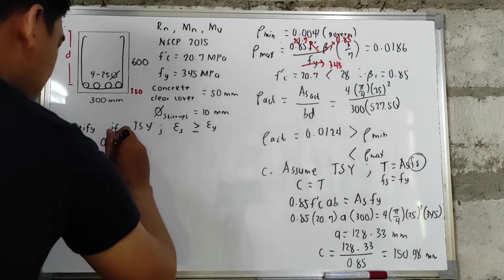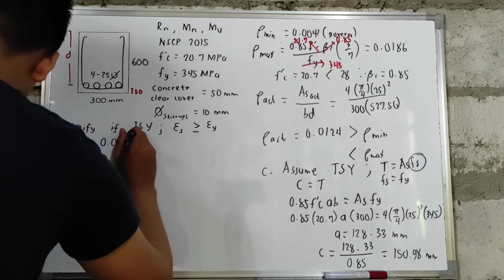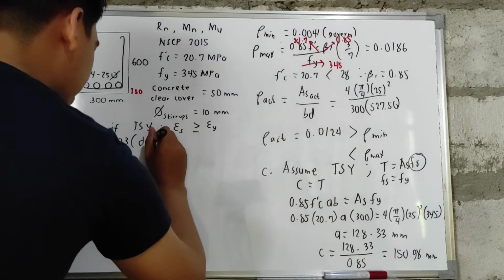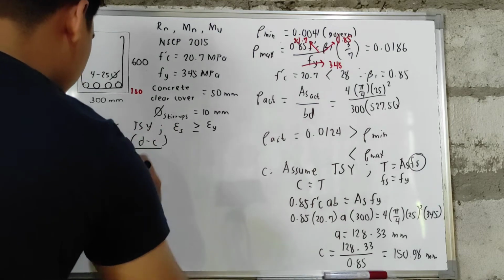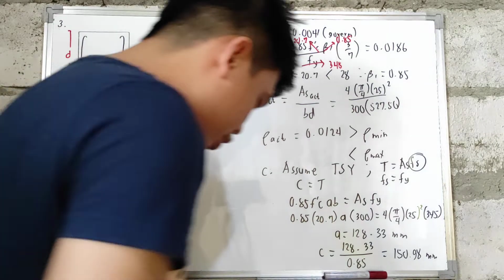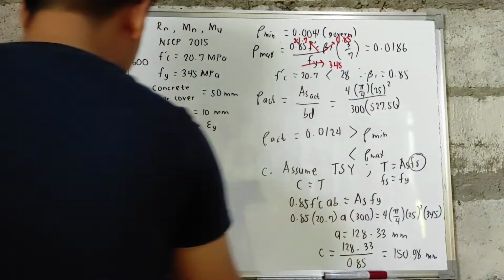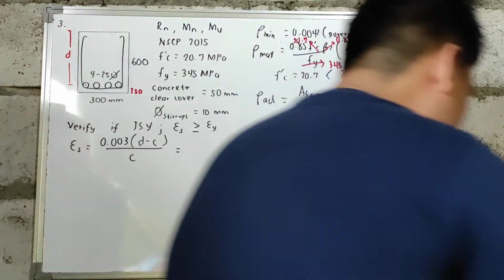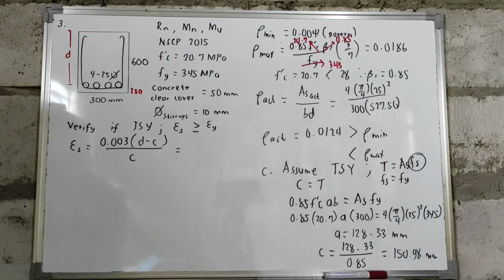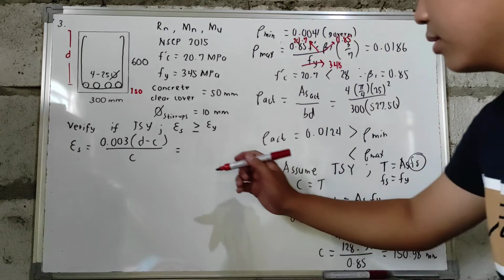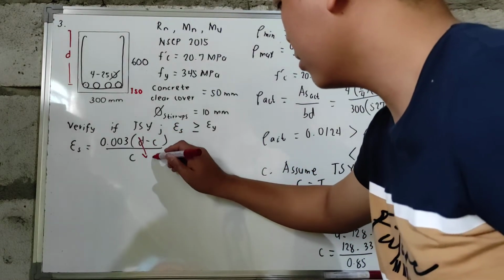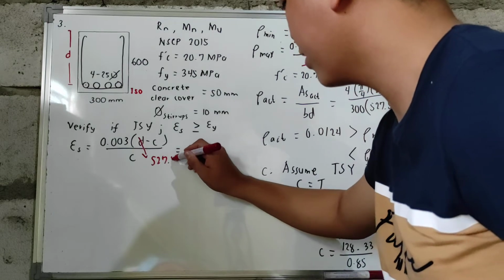So, that is 0.003 multiplied by d minus c over c. So, substitute lang natin yung mga values natin dito. So, yung value ng d natin dito, this is 527.5.